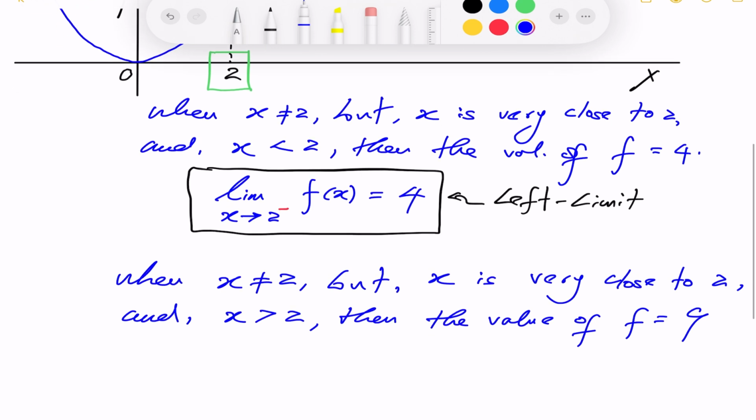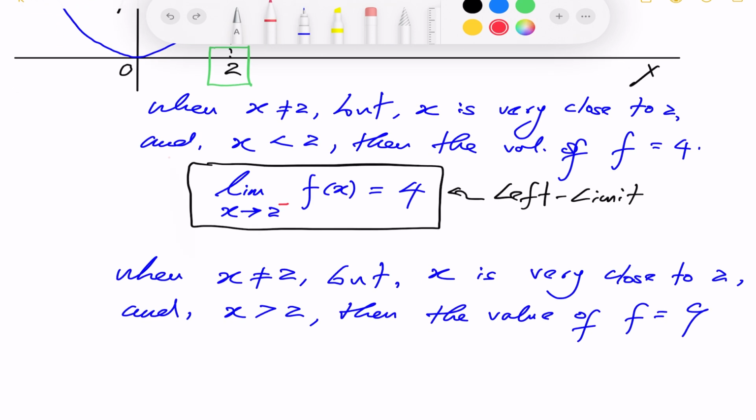Now using similar notations, like the notations that we used right here, we can write it as limit x approaches 2 of f of x. Once again, please note that x is not equal to 2 when you say limit x approaches 2, but also we have to pay attention whether x approaches 2 from the left hand side or from the right hand side.